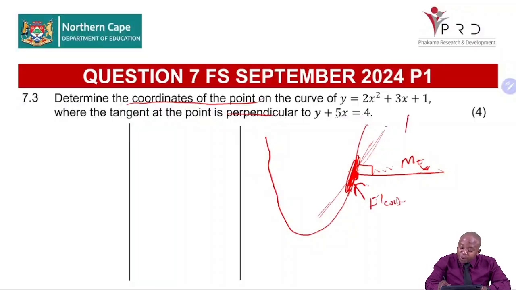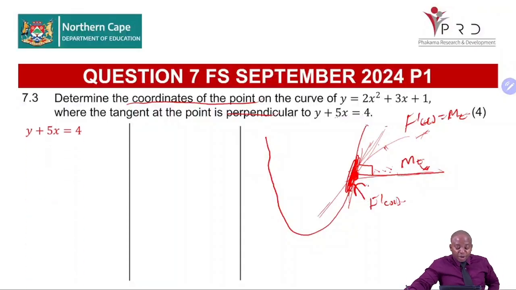So we are going to equate the first differential and the gradient, because those are the two gradients. When you equate those two gradients, they're going to give me the point of intersection. So we're looking for the gradient at the point and the gradient perpendicular. We are going to equate the two. They're going to give us the coordinate at the point, because it's more like we have two functions intersecting at one point.